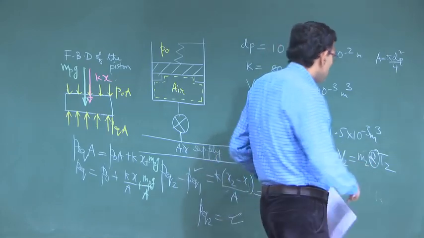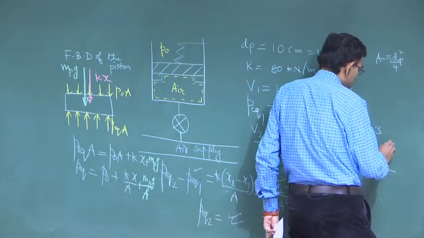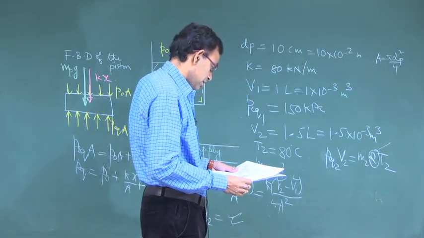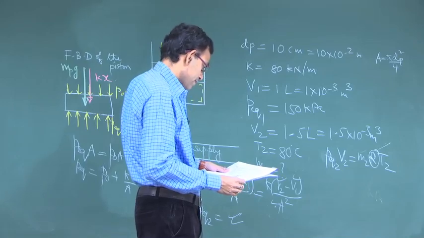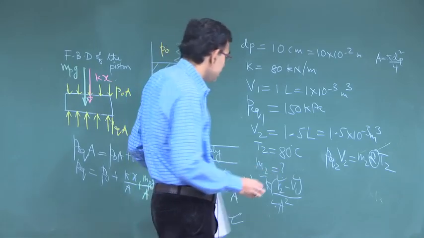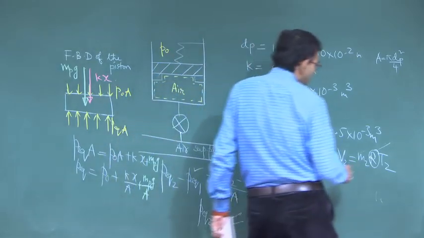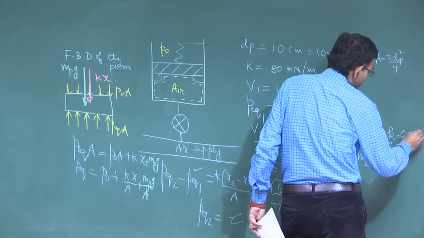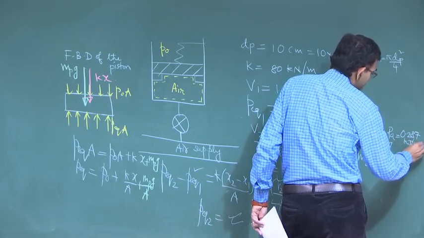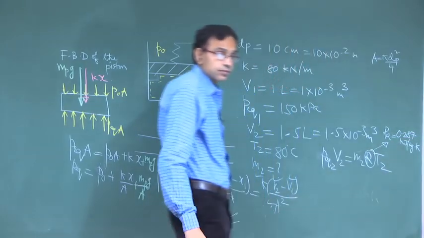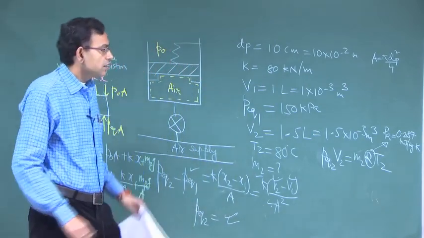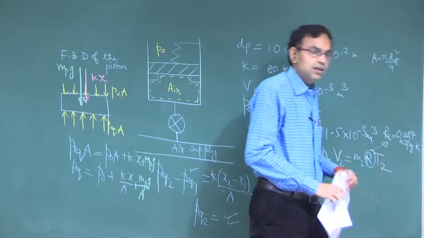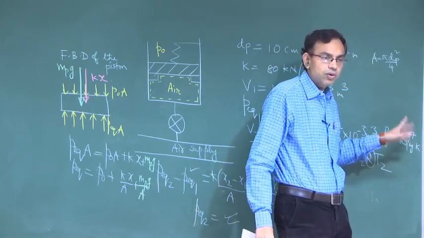For air, what is the substance here? The air, right, this is air. So, R for air is 0.287 kilojoule per kg Kelvin. You divide the universal constant by the molecular weight. Okay.